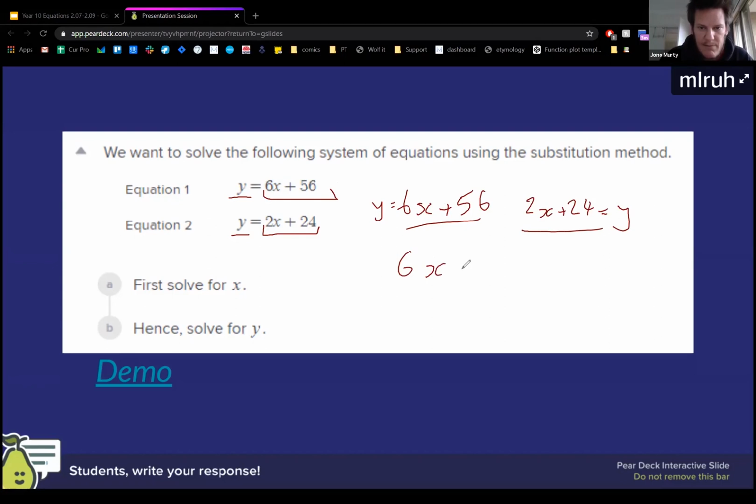So we can combine the two equations to get this new equation. 6x plus 56 is equal to 2x plus 24.